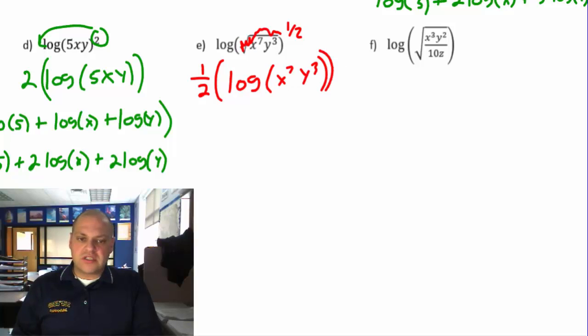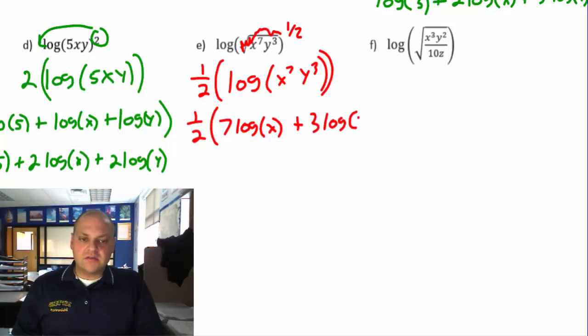So it's going to be just like the one we just did. Half of log, it's going to be 7 log x, plus 3 log y. So 7, because x to the 7th is 7 log x, that's the power rule.